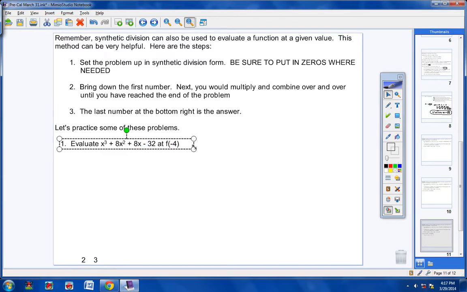Okay, guys, so here's the problem that we're going to evaluate. Now, usually, if I told you to evaluate this function at f of -4, you know what you would do.